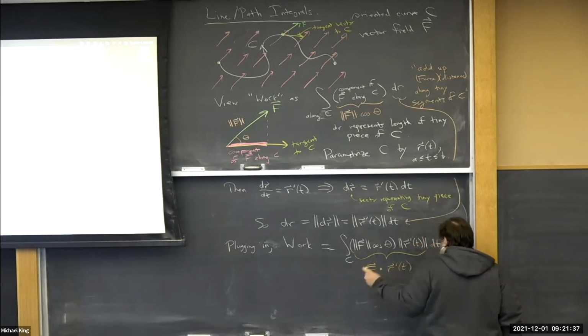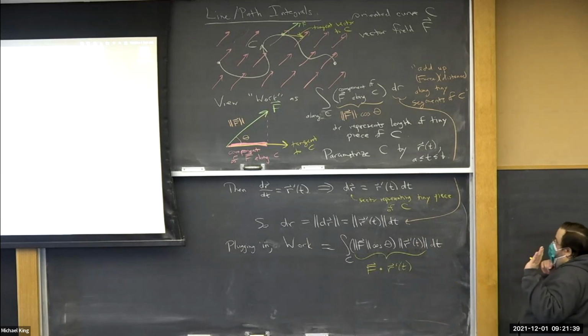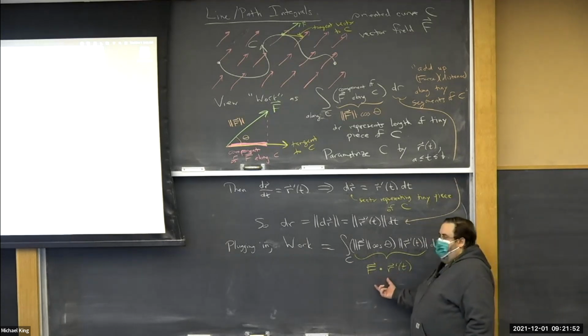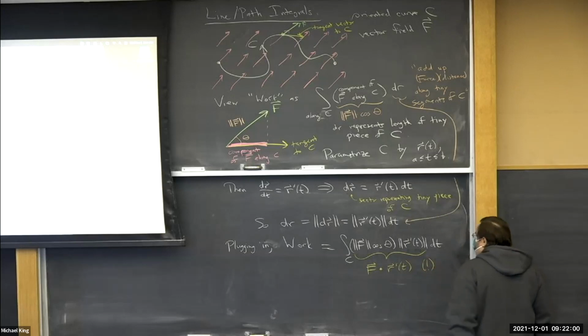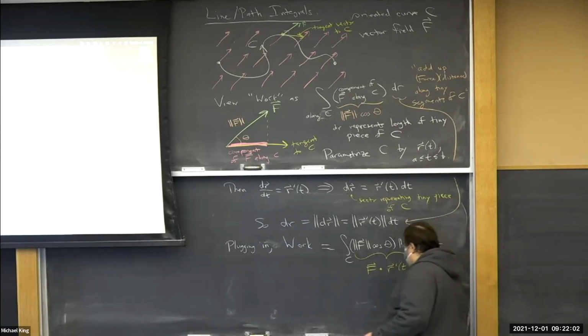And all of a sudden, this becomes interesting because we don't have to know theta all the time. We don't have to calculate magnitudes directly. We can literally just dot the vector field with the tangent, which makes sense because that's really how we thought about projecting, about taking components. We actually think about dot producting. So that's exciting. Now we have an actual formula.